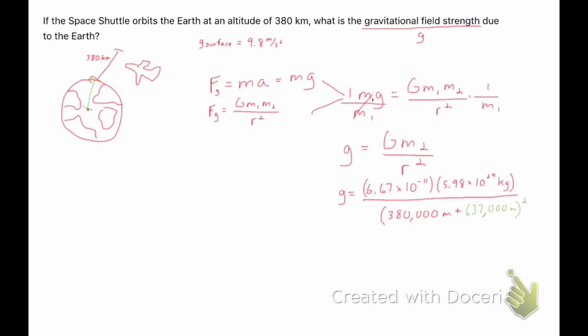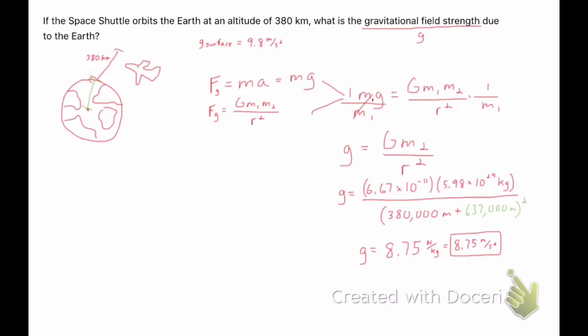When we do all of our computations, we get that g is equal to 8.75 newtons over kilograms. And we know that that would then be called 8.75 meters per second squared. So I could box in that answer.